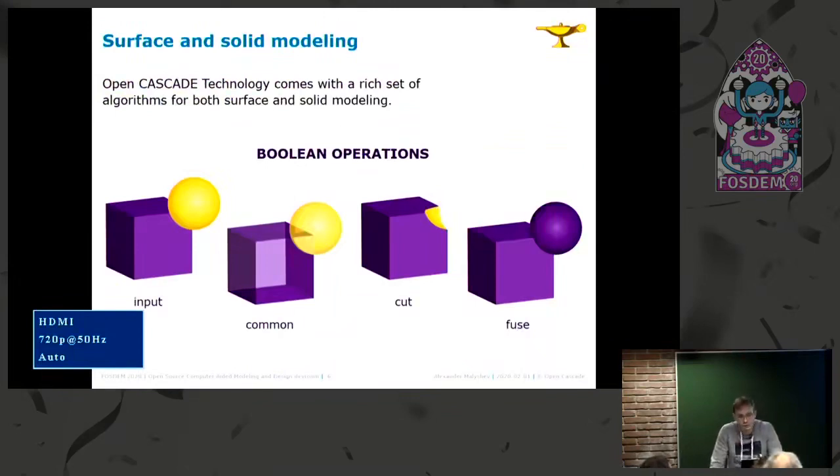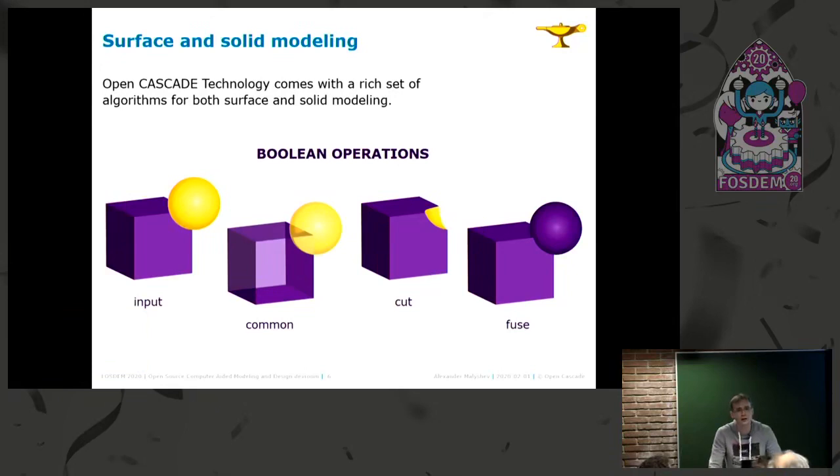High-level topological algorithms. The set of topological algorithms includes Boolean algorithm, fillet, offset, skinning, thickening, chamfering, maybe something else. Once again, there is a special demo demonstrating this functionality. So let's take a look.